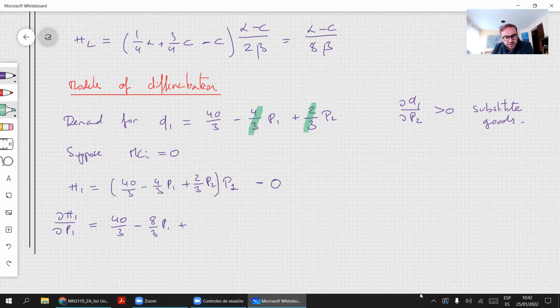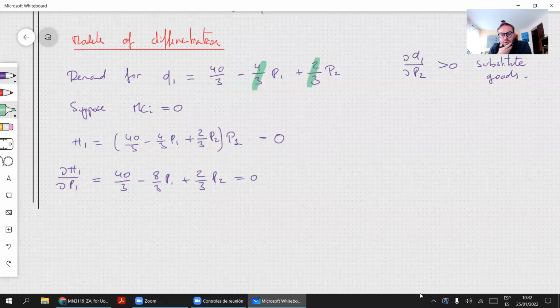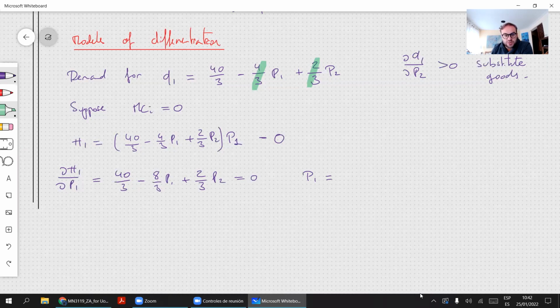And then this is going to be treated as a constant, so this doesn't change, and this is equal to 0. So you can see from the first order condition that I can solve or figure out the relation between my own price and the price of the other guy, which I will write as P1 is equal to, so this 3 they can cancel out.